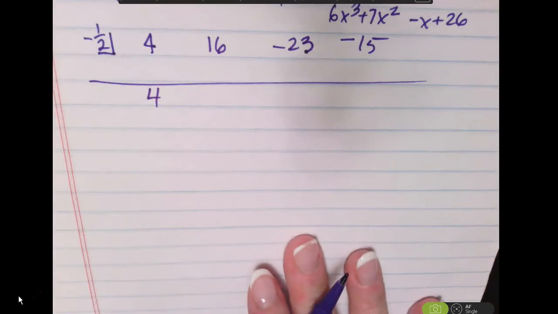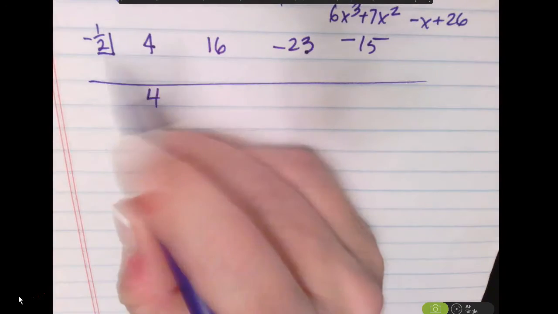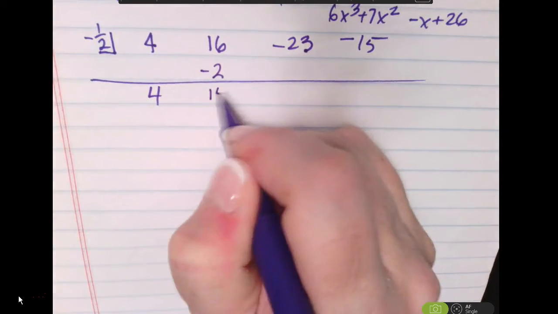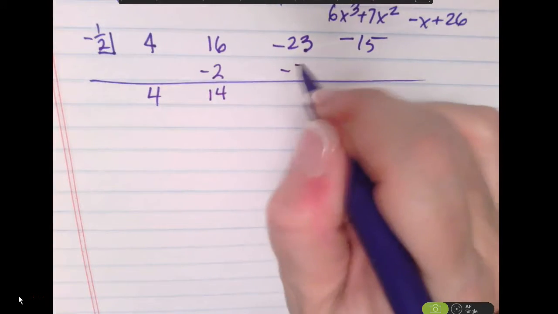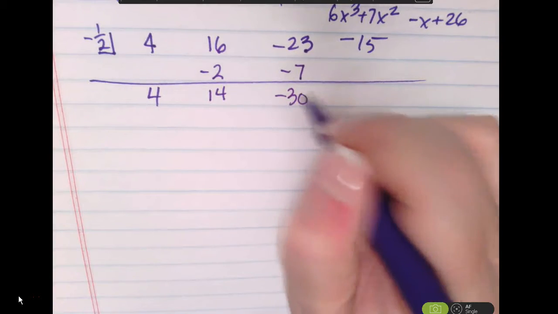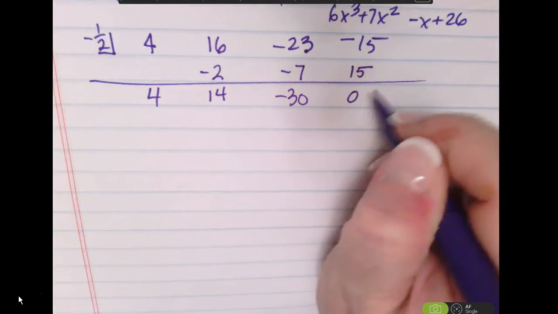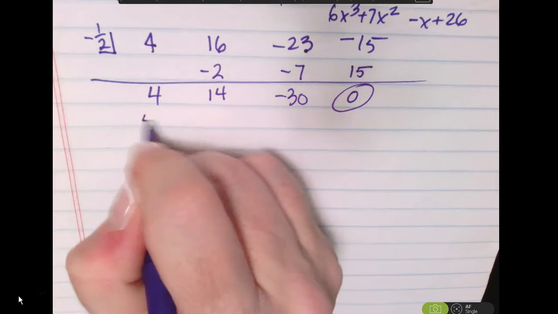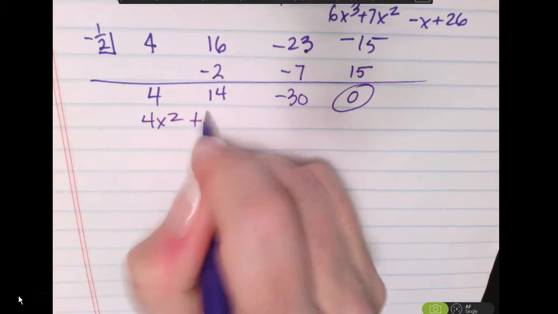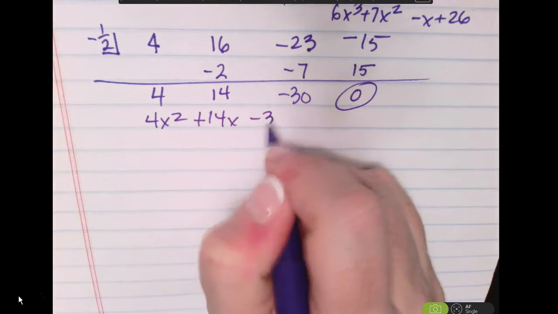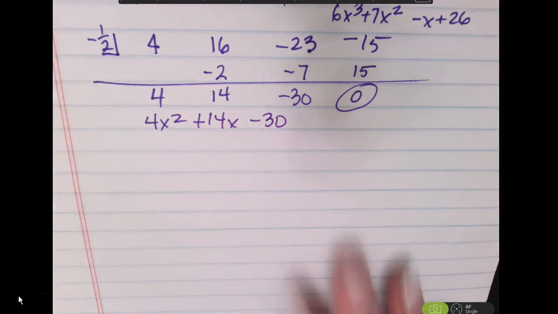So there's 4. Bring it down. 4 times negative a half is negative 2. 14 times negative a half is negative 7. Negative a half times negative 30 is positive 15. So we actually end up with no remainder here. So 4x squared plus 14x minus 30 is what you get when you divide out negative a half.